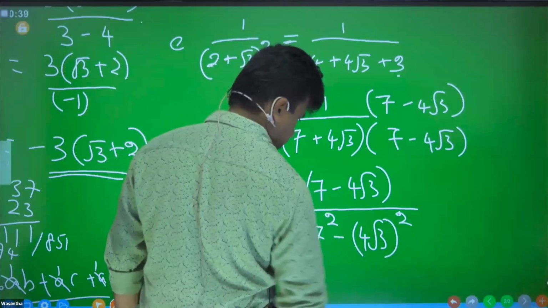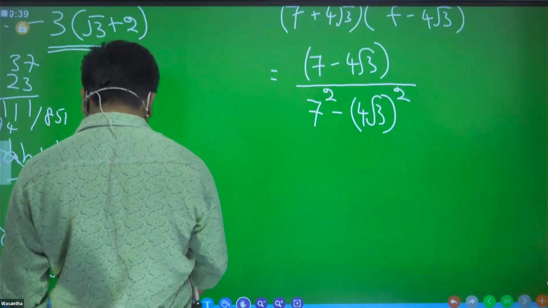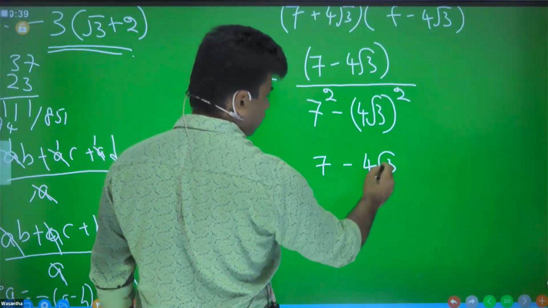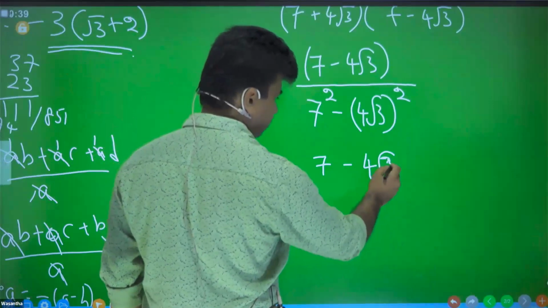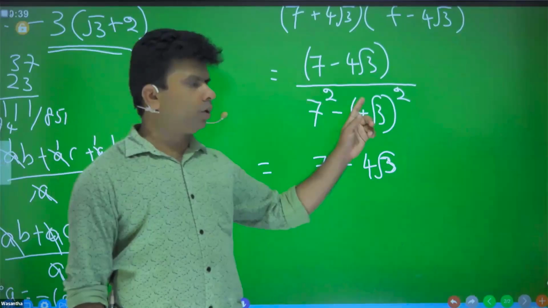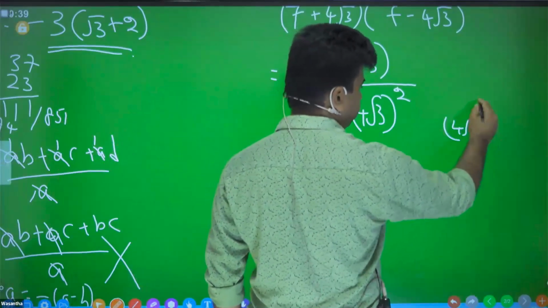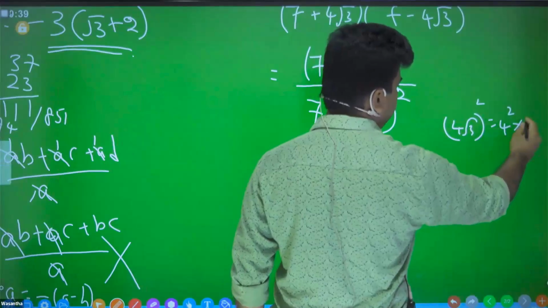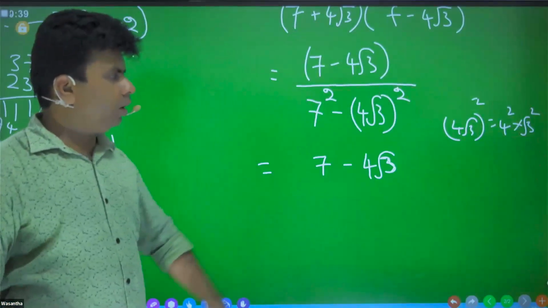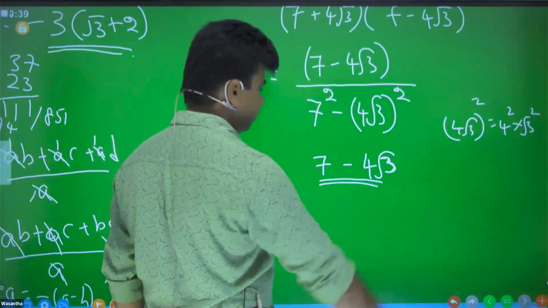You can simplify this in your mind. 7 squared is 49. 4 root 3 squared means 4 squared into root 3 squared, 16 into 3, 48. 49 minus 48 is just 1. The answer is 7 minus 4 root 3.